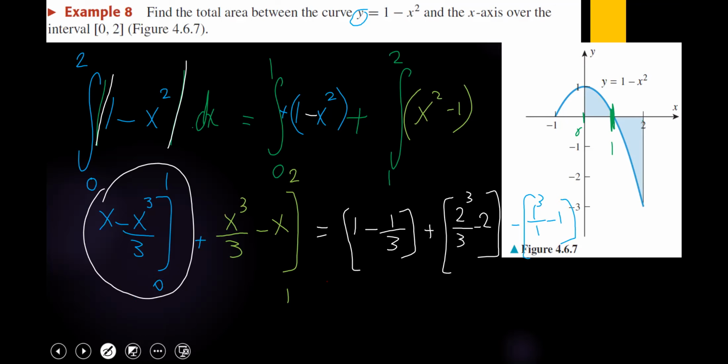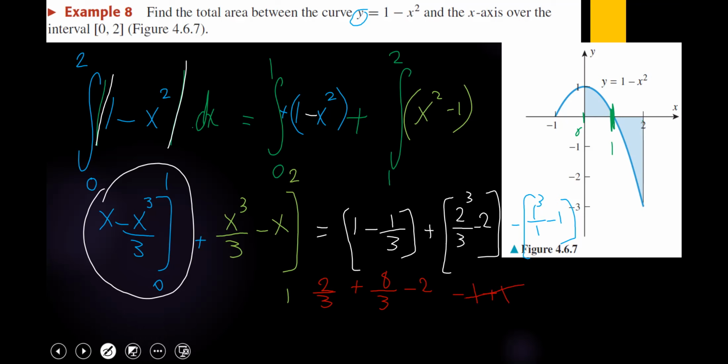So 1 minus 1 over 3 is 2 over 3, plus 2 to the power 3 is 8 over 3, minus 2 minus 1 plus 1. Since now they cancel each other.